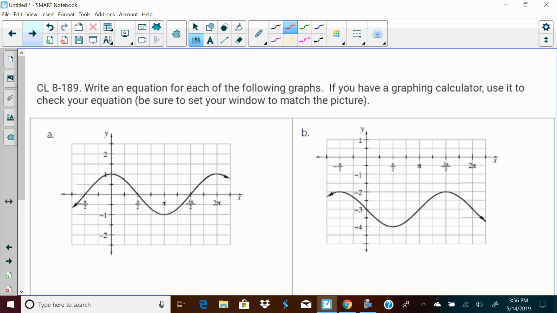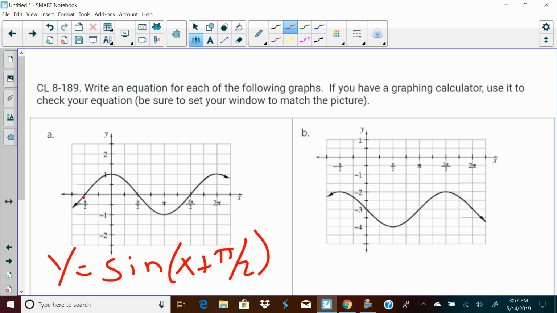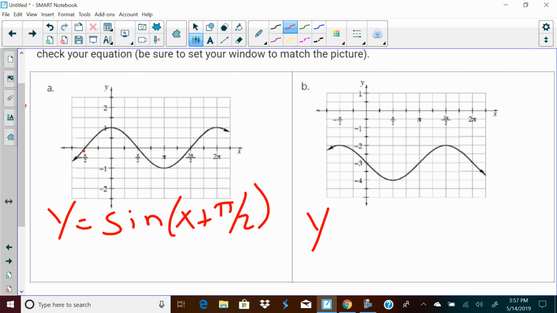Problem 189, write the equation. So the first one is y equals the sine of x plus pi over 2, because it starts at negative pi over 2, but the midline is still y equals 0. For B, it's y equals negative sine of x minus 3.